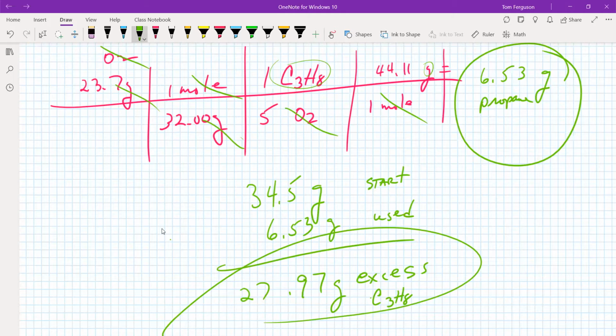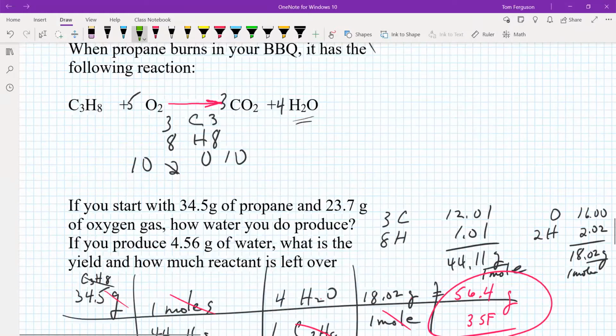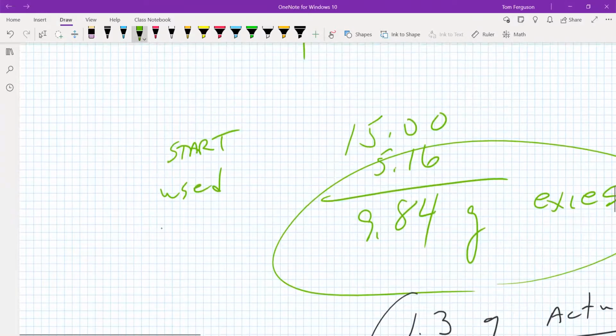Okay. So those are two detailed examples of limiting reactants.